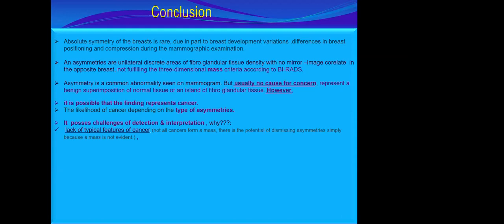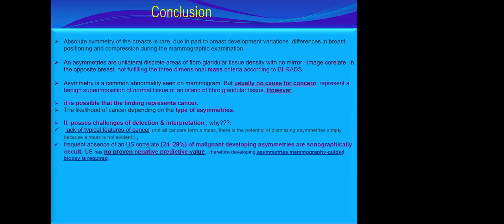Because cancer is not always typical, presenting as a mass or suspicious finding; it can just present as an asymmetry. And the frequent absence of an ultrasound correlate, approaching a third of patients with developing asymmetry, means ultrasound has no proven negative predictive value, and lack of an ultrasound correlate does not preclude mammographic guided biopsy.